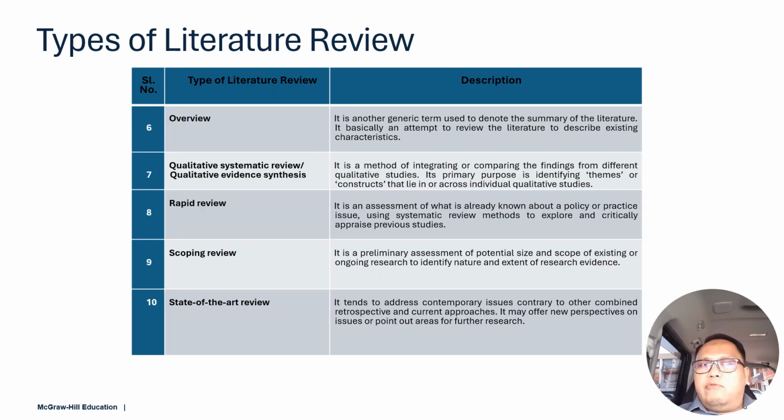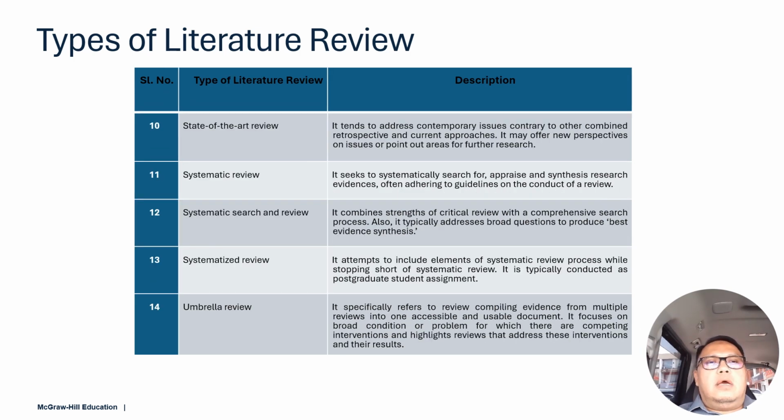As you can see, the overview is also part of the literature, along with qualitative and quantitative systematic review, rapid review, scoping review, state of the art review, and systematic review. They also have systematic search and review, systemized review, as well as umbrella review.